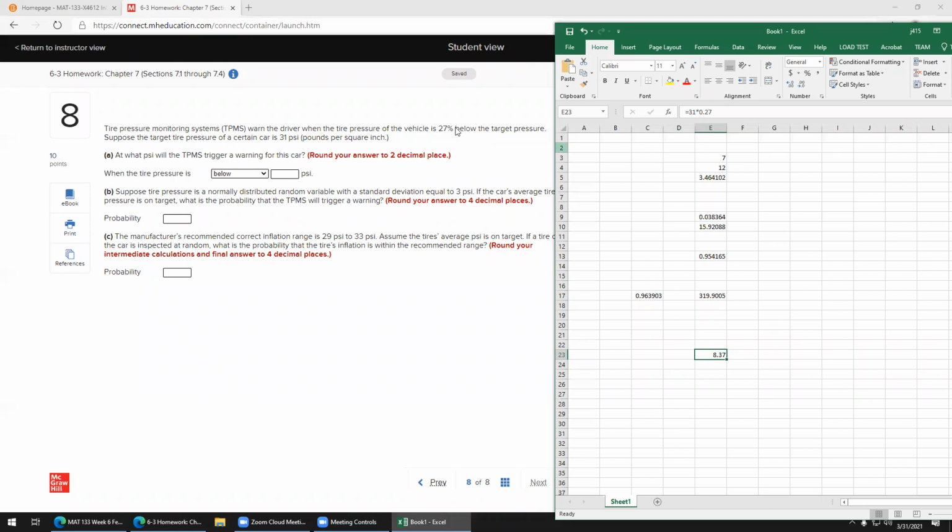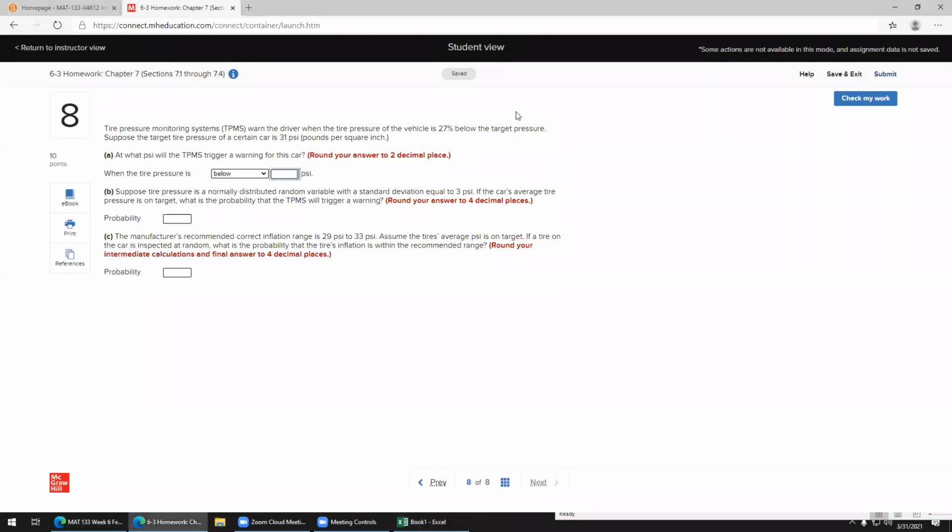So if the tire pressure monitor goes off 27% below the targeted pressure, we should not be multiplying by 27, we should be multiplying by its complement. So the complement of 27 will be 73. We'll check my math. So equals 1 minus 0.27, yeah, 0.73. So I multiply it by its complement, and that means my tire pressure is 22.63.